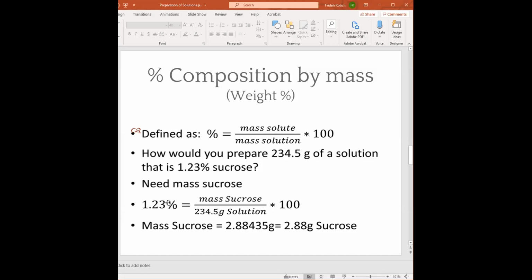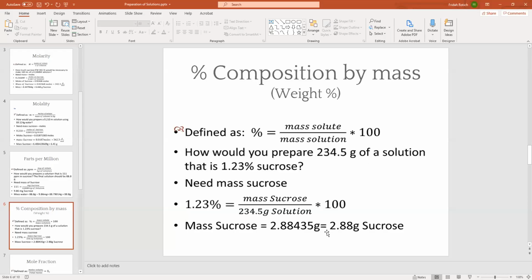So if you multiply these two numbers, then you are going to find the mass of your sucrose to be 2.88435 grams, which in the correct amount of significant figures is 2.88 grams.